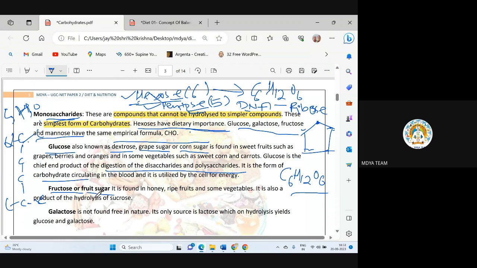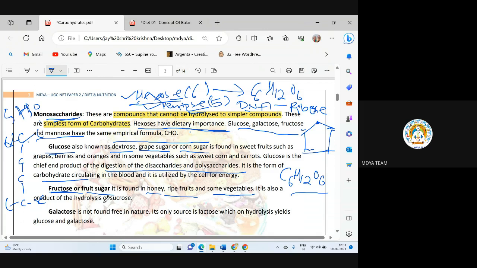Glucose is only present in some fruits like grape, corn, berries, and oranges, but most of the fruits contain fructose. That's why these names resemble each other, fructose and fruit. It is found in honey, it is found in ripe fruits, it is even found in some vegetables.